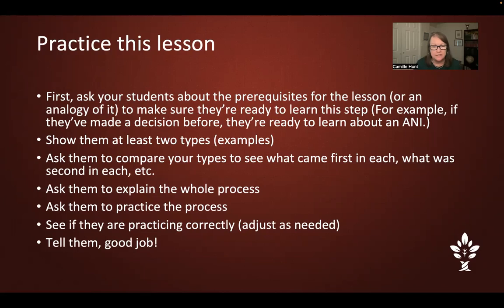Do you know what a simile is? But whatever it is, then you want to ask them to practice the process and see if they're practicing correctly. And you may have to adjust as needed. You'll be telling them things like, oh, this column only has 9, you need 1 more. And things like that to help them practice this whole lesson to do just what you've given them examples of. And then you tell them, good job.